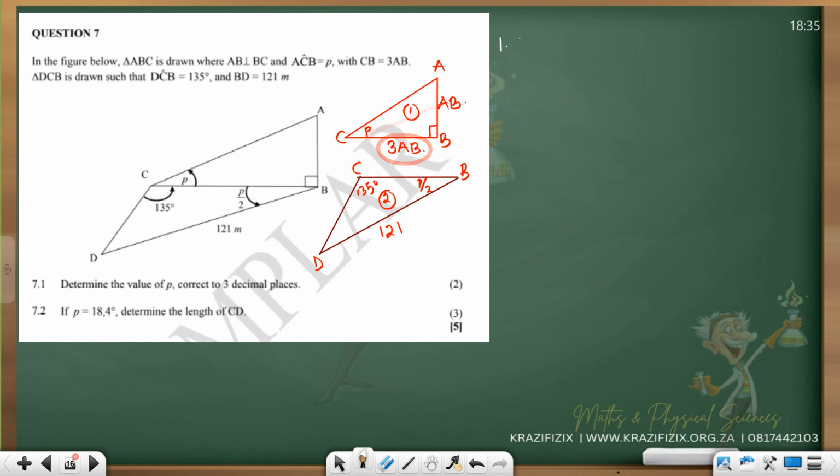So number 1, tan P equals opposite over adjacent. I hope you understand why I'm using tan. Look at what happens to your AB: they cancel each other. Does that make sense to you guys? And I can find P therefore.